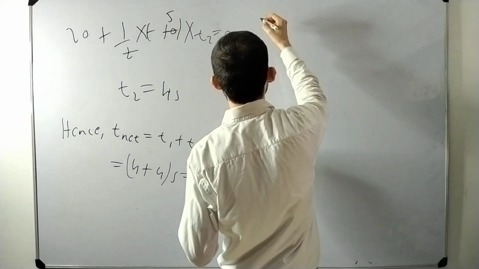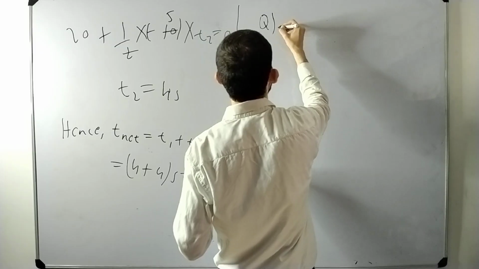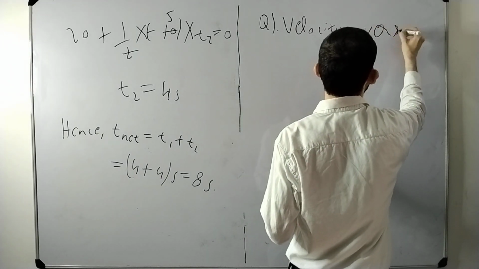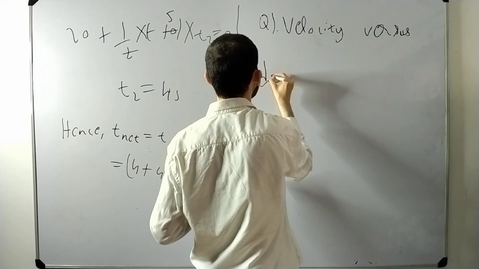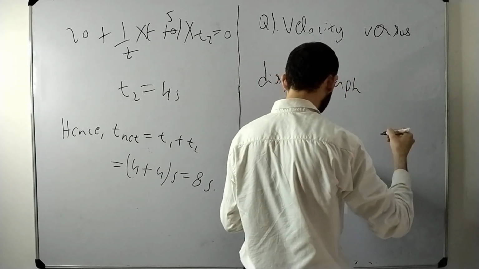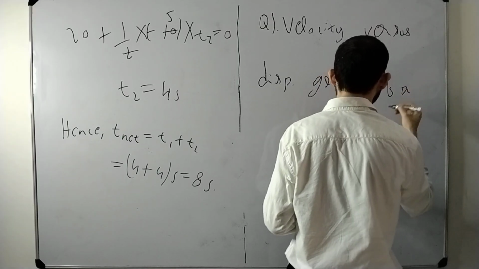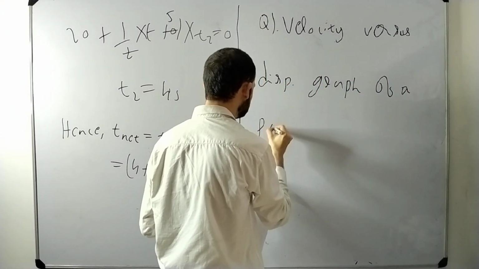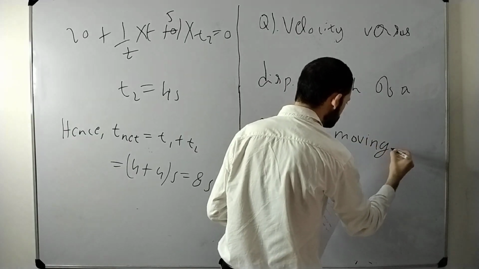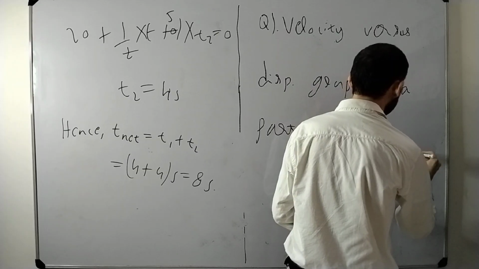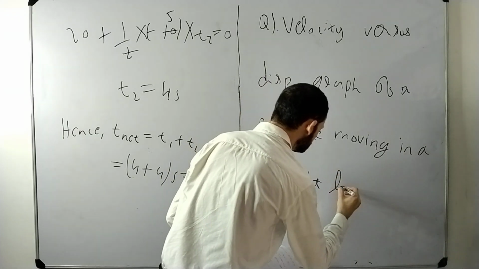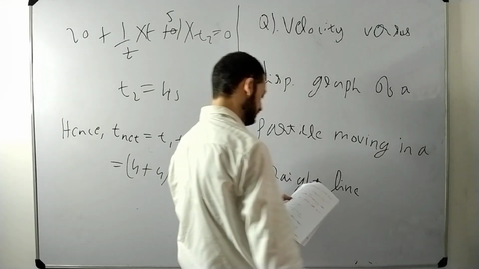Question: the velocity versus displacement graph of a particle moving in a straight line is shown in the figure.